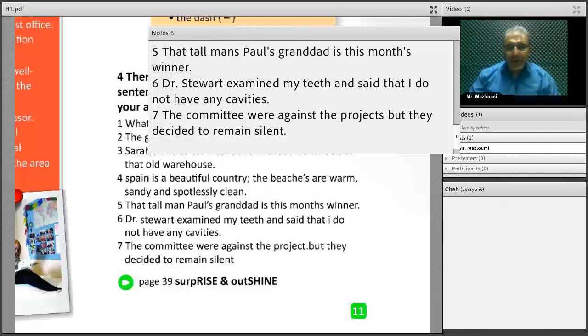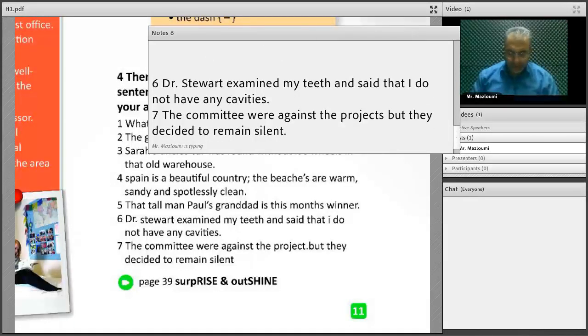Then beaches, everyone, we don't need an apostrophe here. Unfortunately, this is a common mistake among our students. This is the plural form of beach, beaches. So no apostrophe needed.